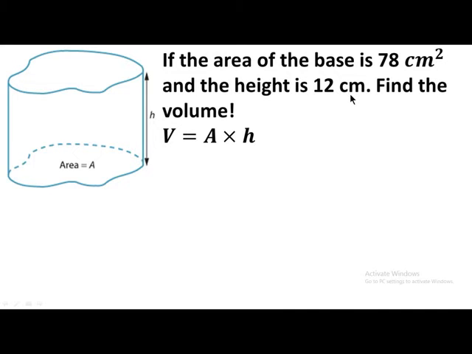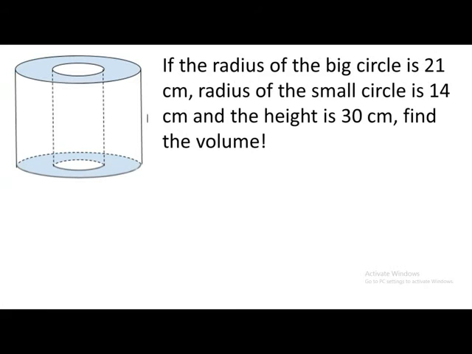So we only need to substitute those numbers into this formula. So the volume of this prism is 78 multiplied by 12, equal to 936 centimeter cube.